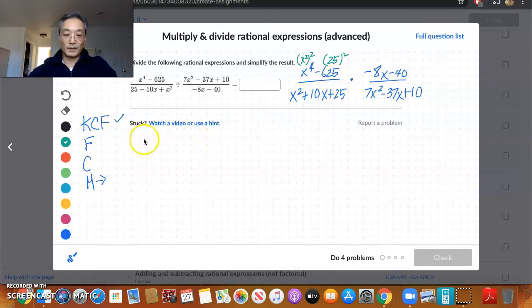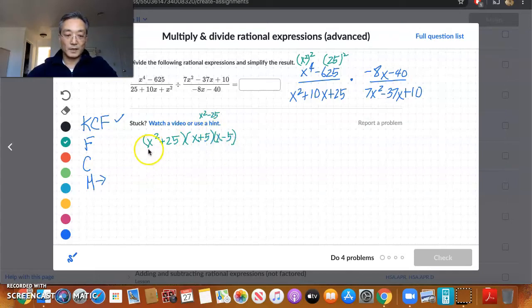So if that's the case, then we're going to have x squared plus 25, and then x squared minus 25 here. But I know that x squared minus 25 is a difference of two squares again, so I'm going to break that down even further, into x plus 5 and x minus 5.